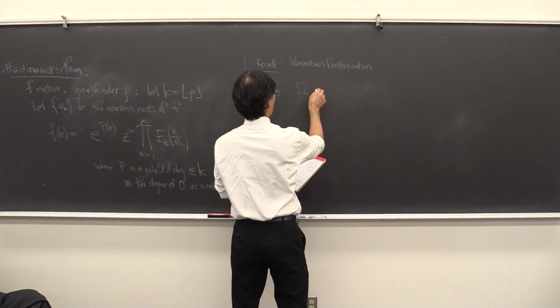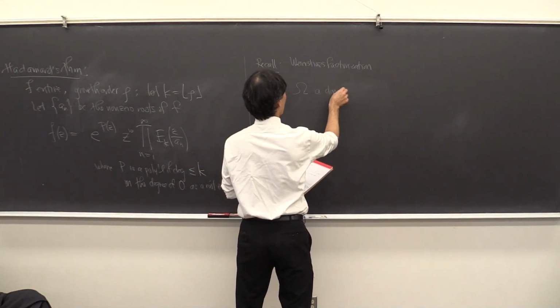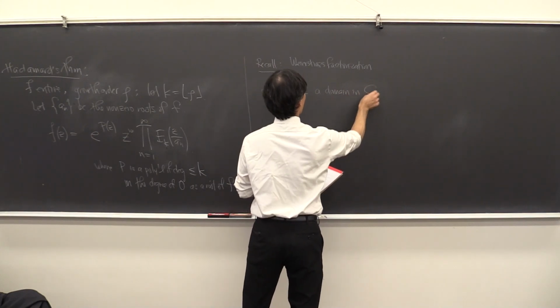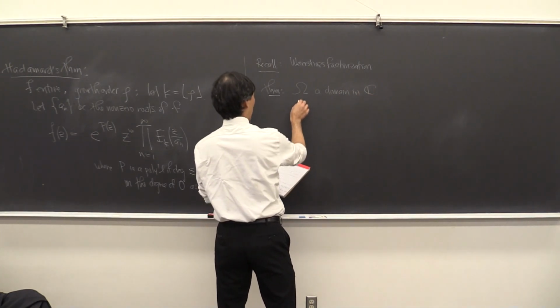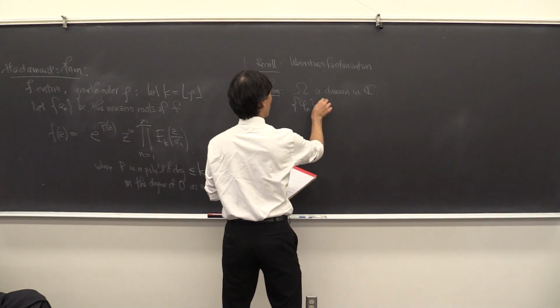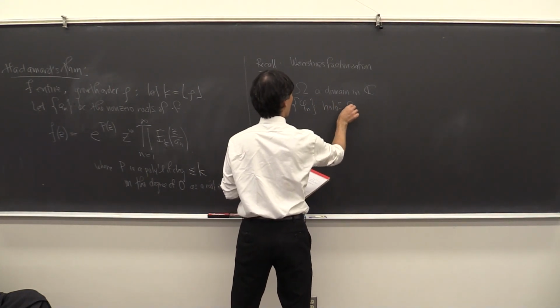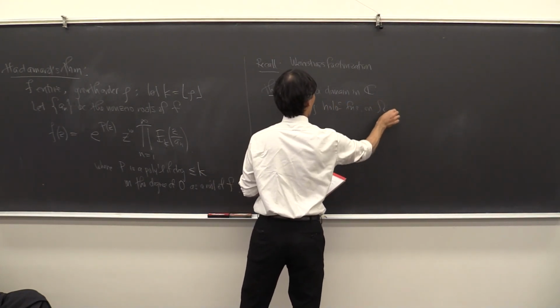So if you have a domain and you have a bunch of holomorphic functions phi sub n on that domain.